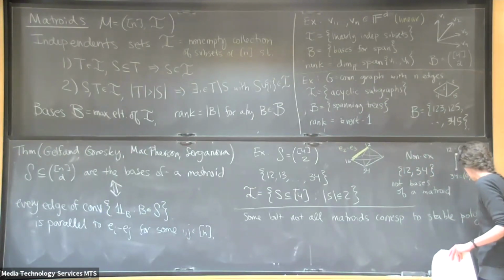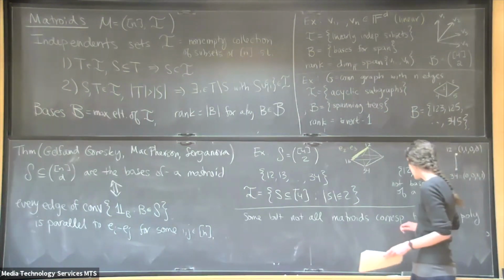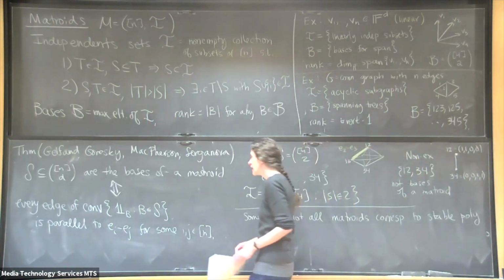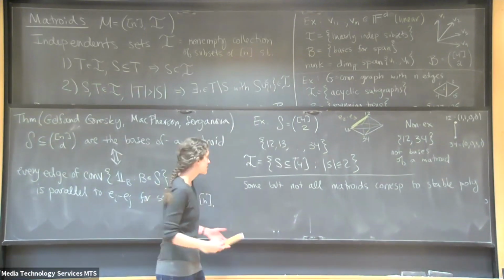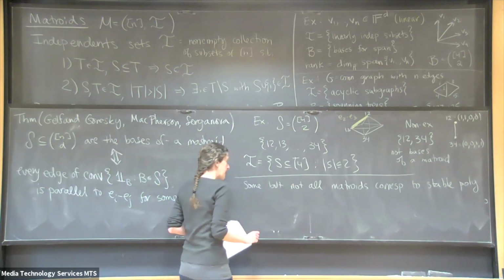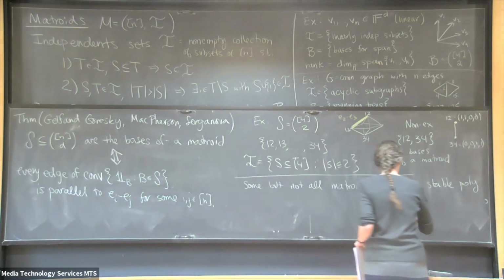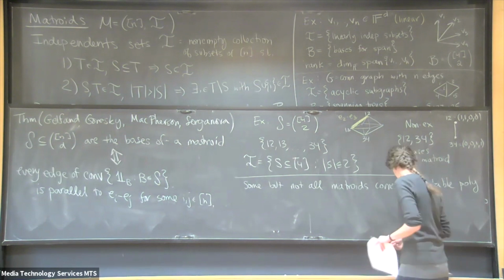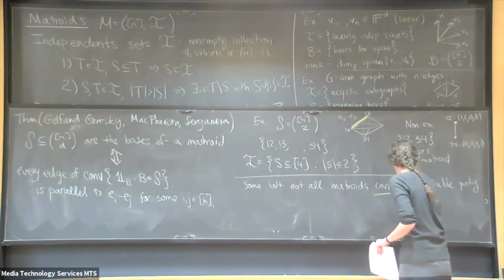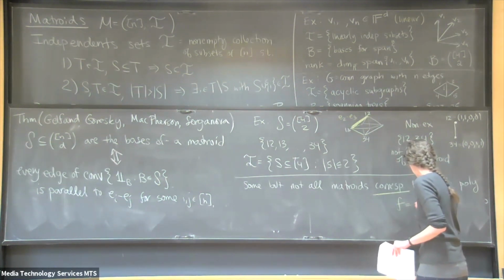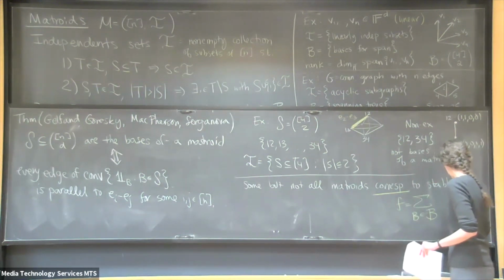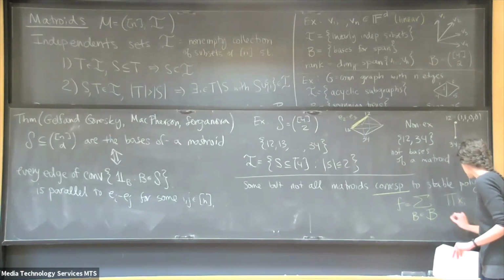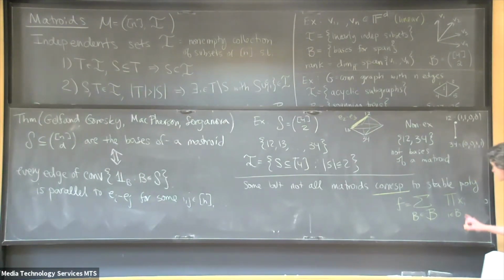By correspondence, I mean you associate a variable to every element, sum up over all of the bases the square-free product of the variables corresponding to them.